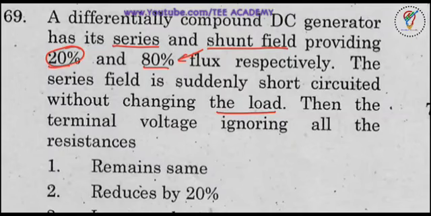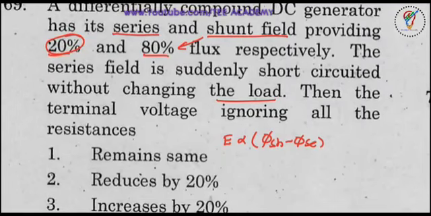First of all, see here, generally in a differential compound machine the EMF is proportional to the difference between two fluxes, right? So I will say shunt minus series. First case, when both are working, the difference between the two, 80 minus 20, will be around 60%, right?